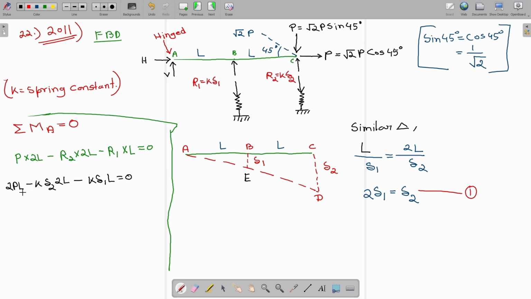Now taking L common, we can write 2P minus, taking K as common, K times 2 delta 2 plus delta 1 is equal to 0.